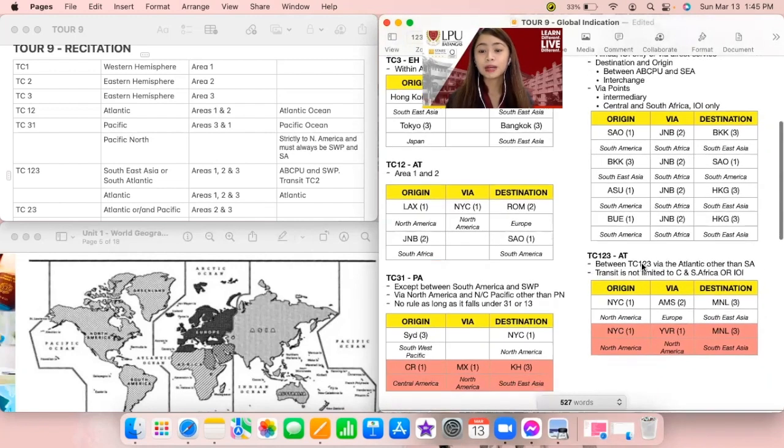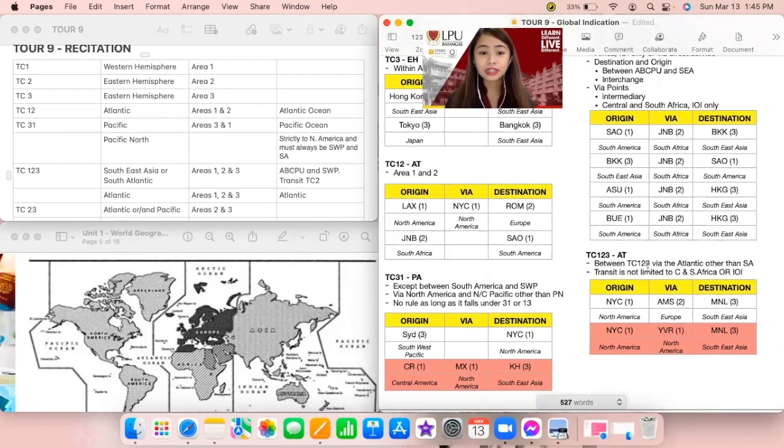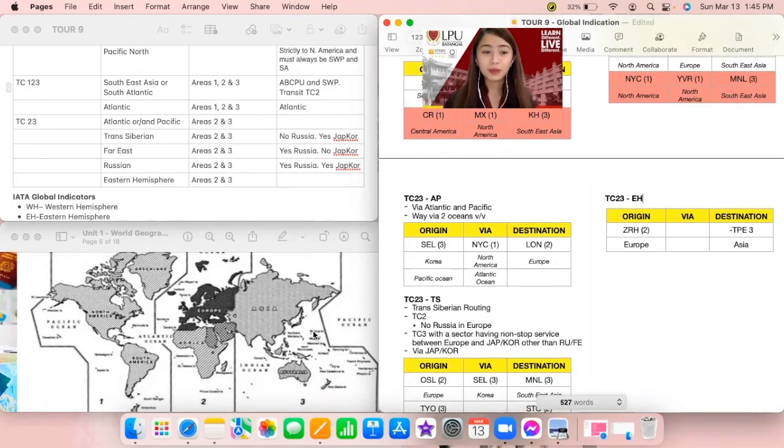Okay? Pero pag TZ123AT, pwede siya sa Atlantic dumaan and any countries sa Area 2. Okay? So for TZ23, we have the Atlantic or Pacific, Areas 2 and 3. So, di ba, magkatabi na siya.